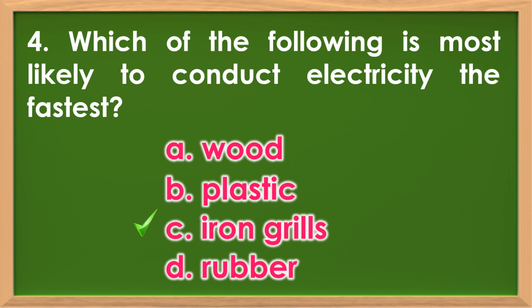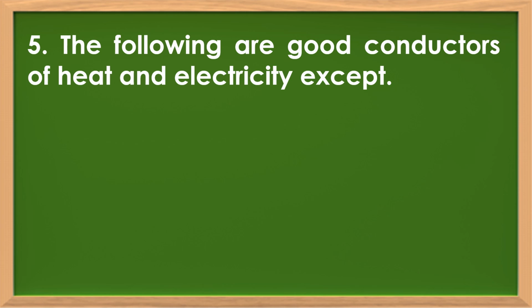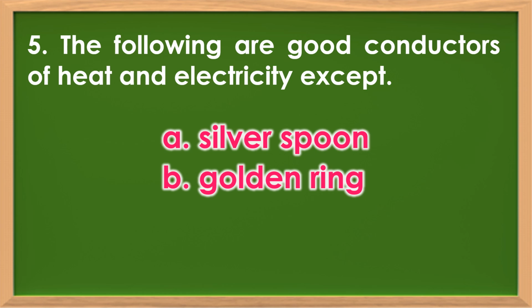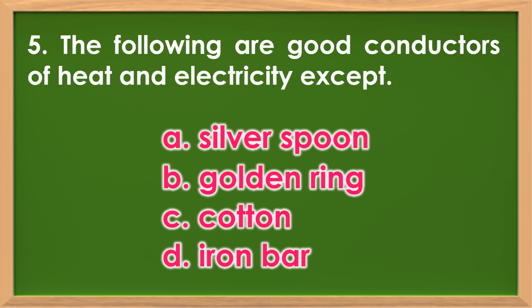The answer is C. The following are good conductors of heat and electricity except A. Silver spoon, B. Golden ring, C. Cotton, D. Iron bar. Very good. The answer is C.